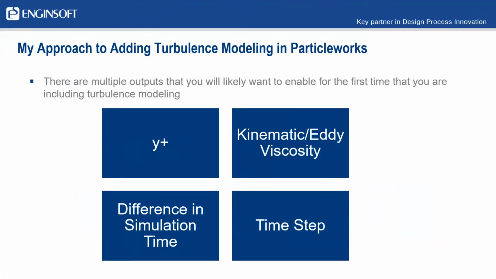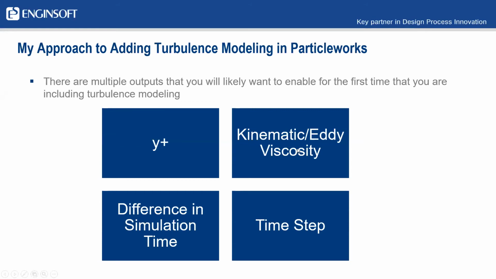So my approach when I'm starting out with turbulence modeling in a new model: there are new outputs that you're able to include in your simulation when you're including the turbulence modeling. One of these outputs is the y plus. In addition, you can have the kinematic and eddy viscosity.